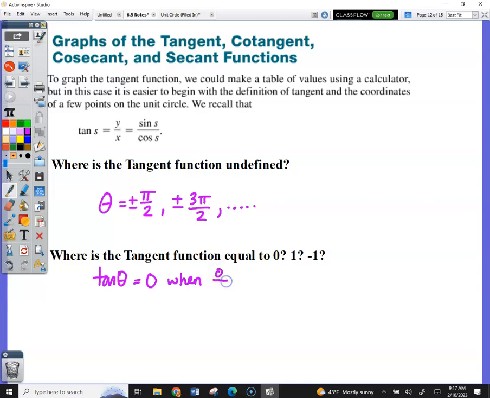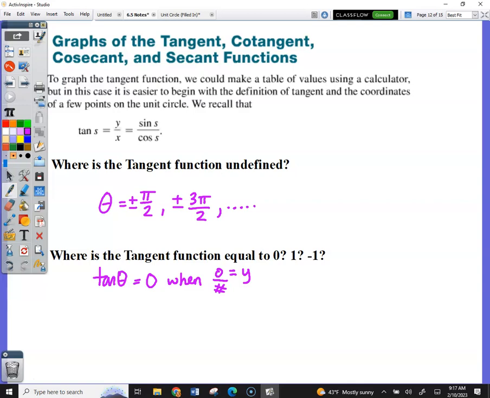So 0 over any number, tangent's y over x, so that means this has to be the y value, right? The y value is 0. Y value 0 means what? You're sitting on the x-axis. You're at 0, pi, or 2 pi. And then your rotation is just every 1.